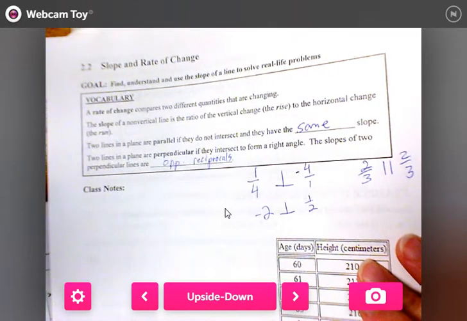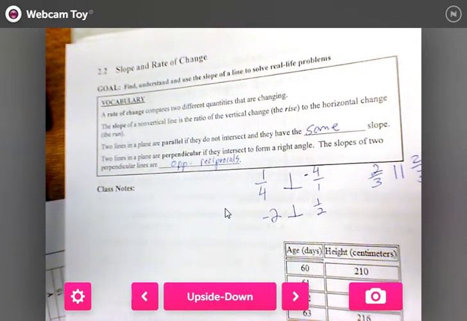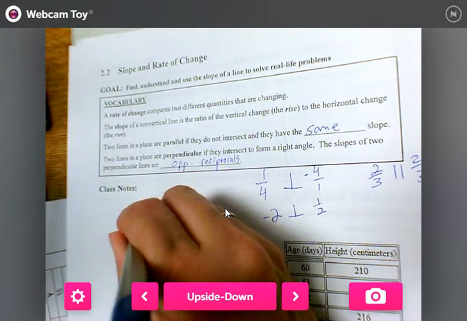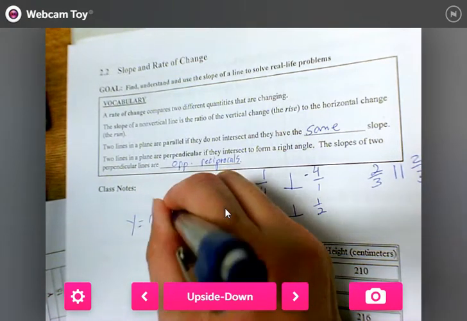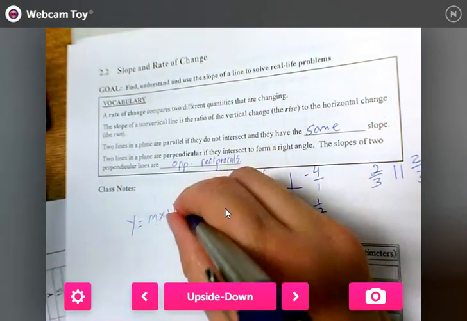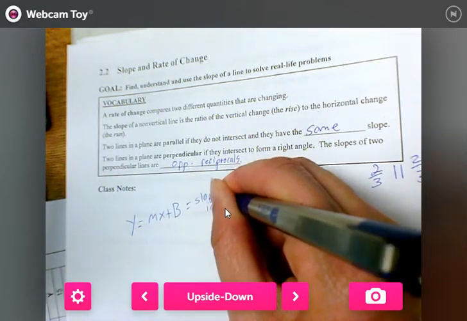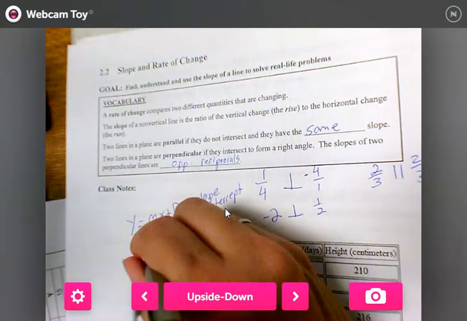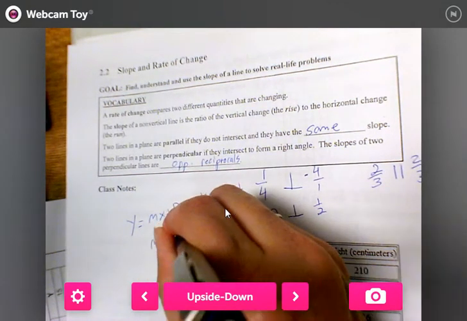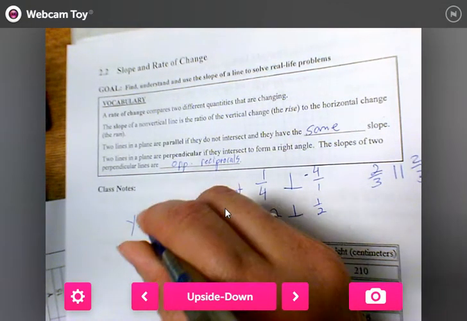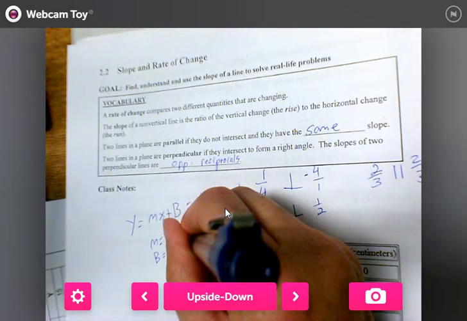All right. So we know we're talking about y = mx + b, and that is my slope-intercept form. m equals the slope, b equals the y-intercept.